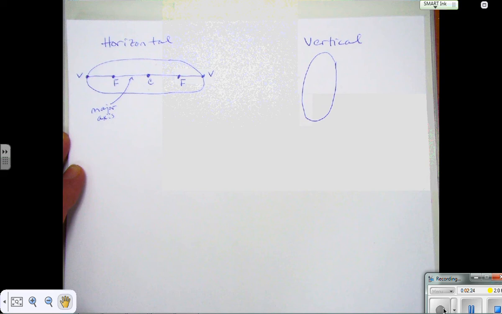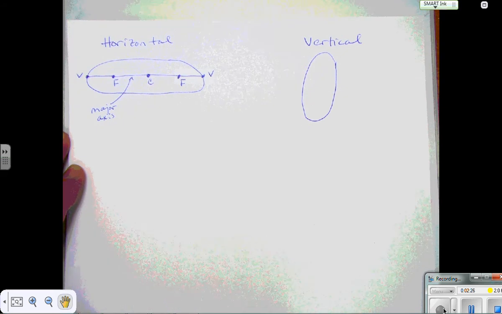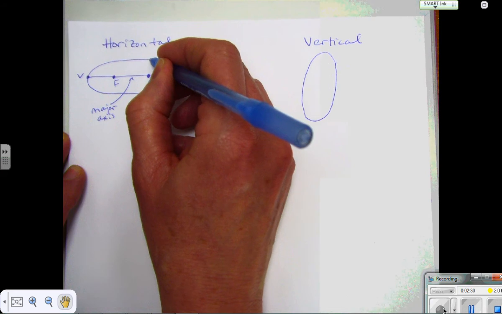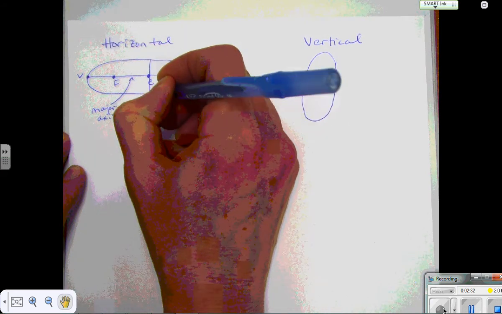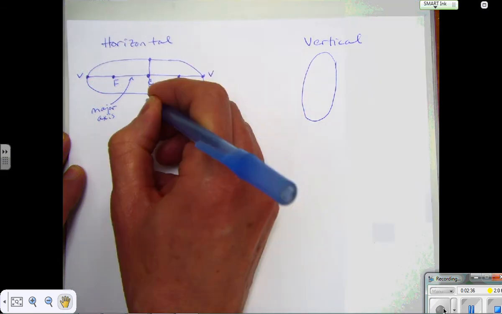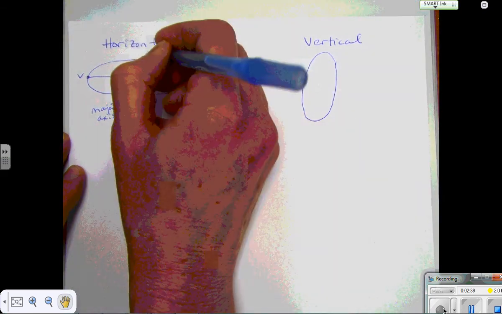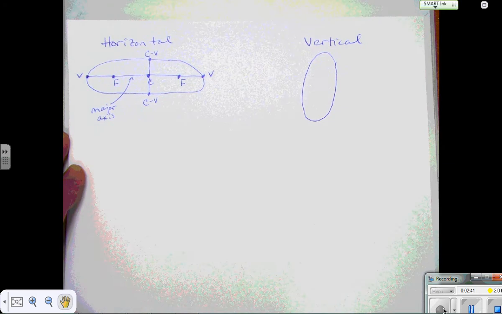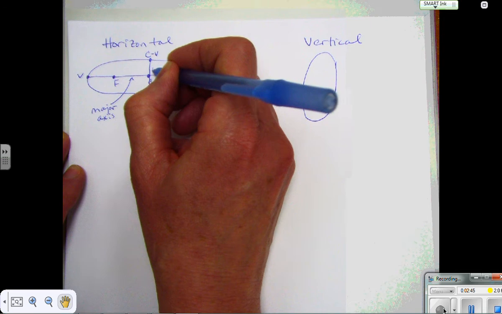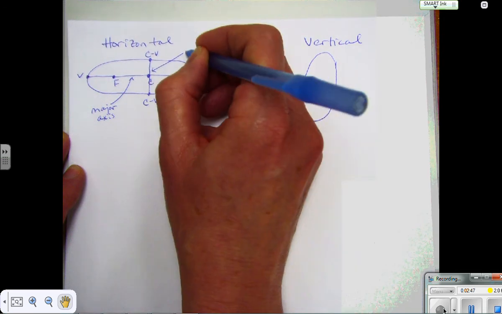Now you also have something called the co-vertices on an ellipse. And the co-vertices are on this line segment that is perpendicular to your major axis, goes to the center, and it lies on either end of the ellipse. Okay, so the length of that line is called the minor axis.